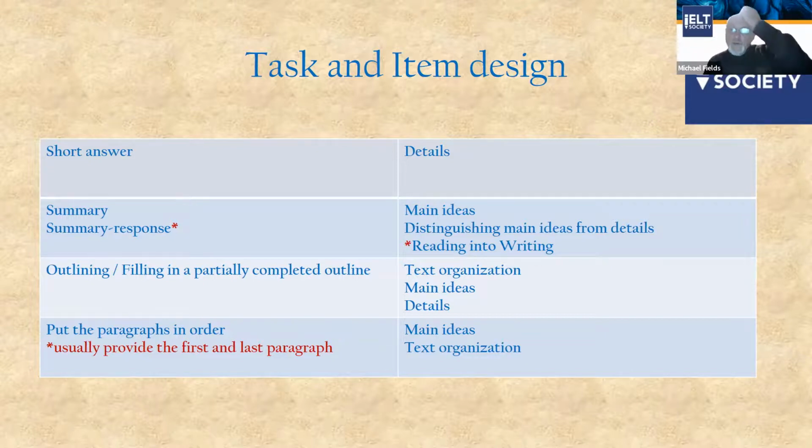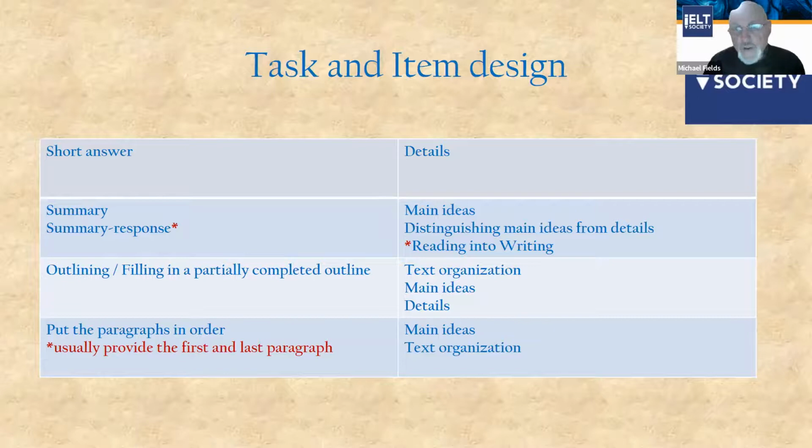Here we're really testing for main ideas and text organization, and for that largest part of comprehension, where students need to be able to see the flow of ideas from beginning to end, or that kind of coherence that we create in a text, or that we should be able to understand in a text.